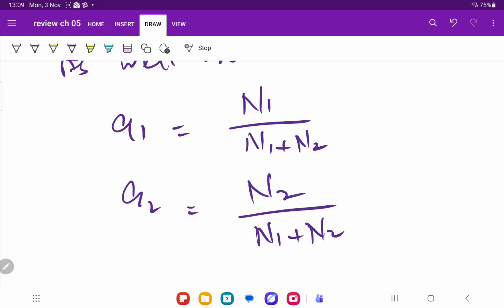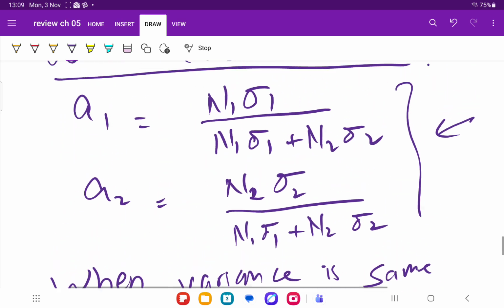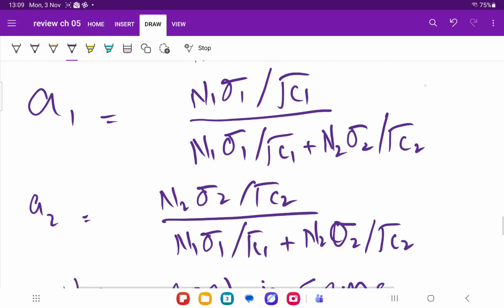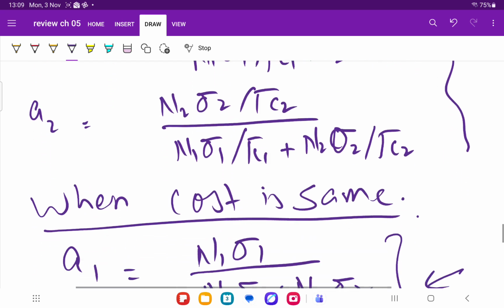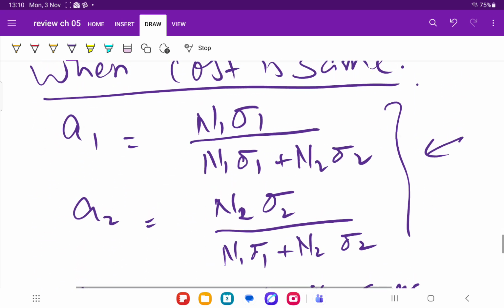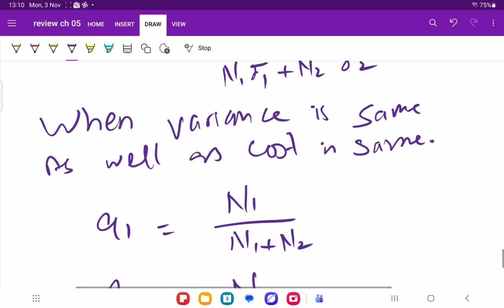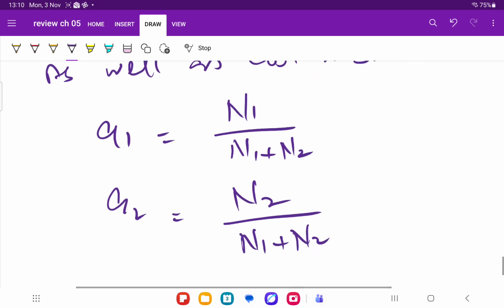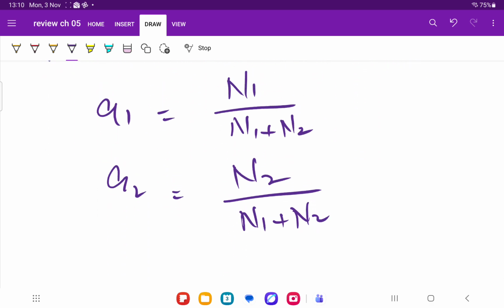So that's how you can see the allocation changing. In the first type of allocation, the cost and the standard deviation differ from strata to strata, so you use the first formula. When the cost is the same but the variance may differ, the second formula is used, and when the variance and cost are both the same, the last formula is used.